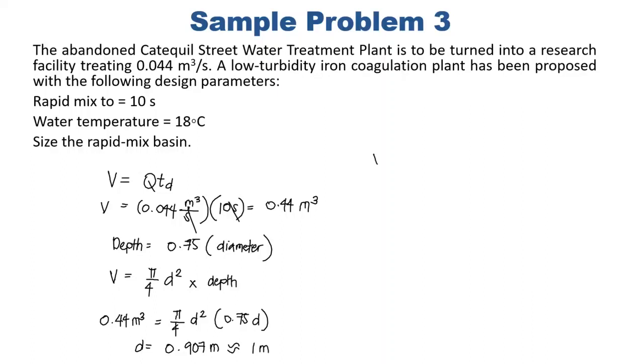Okay, so we have to calculate again for the volume. So pi over 4, then our diameter now is 1 raised to the second power times 0.75 times 1. So our new volume now is 0.59 cubic meter.